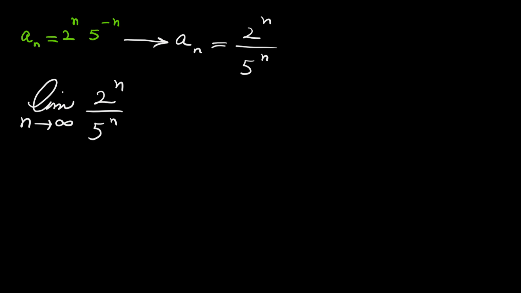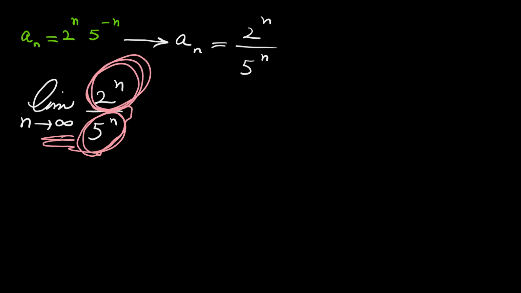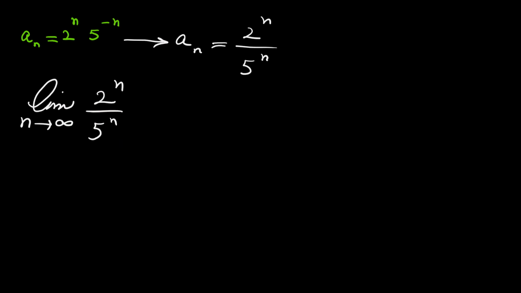It should be clear that when n approaches infinity, 5 to the n is significantly bigger than 2 to the n. And because the denominator goes to infinity faster, our first guess at least is that this limit should be 0.